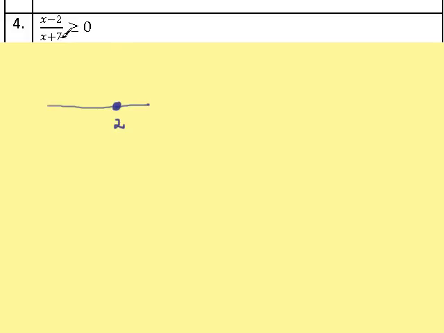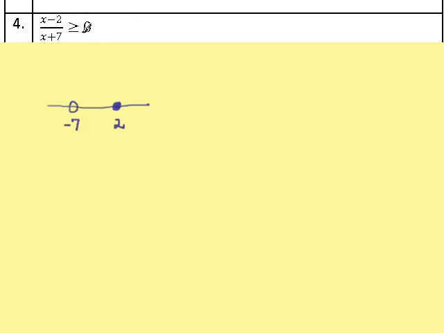Now the denominator is 0 when x is equal to minus 7. So we put an open circle there, because that's not where our expression is equal to 0. That's where the denominator is 0. We only put, for the zeros of the numerator, closed circles. For the denominator, open circles.